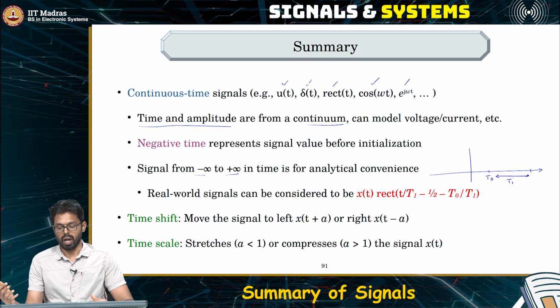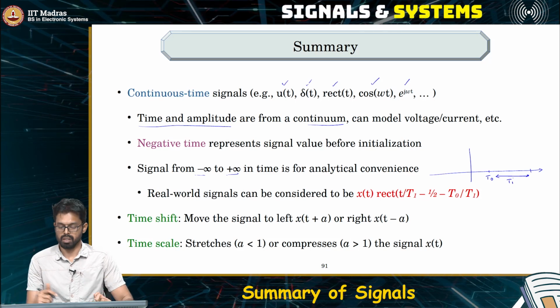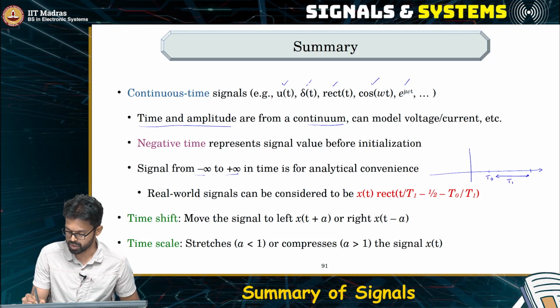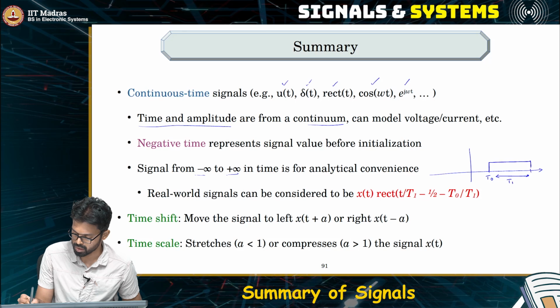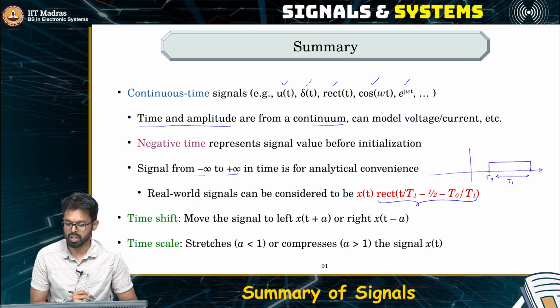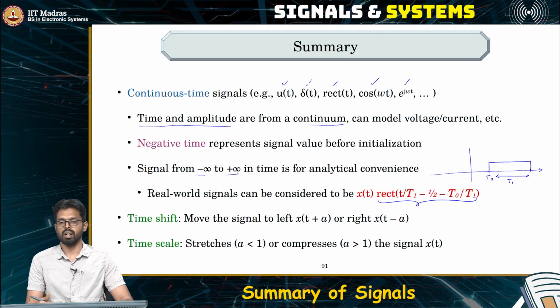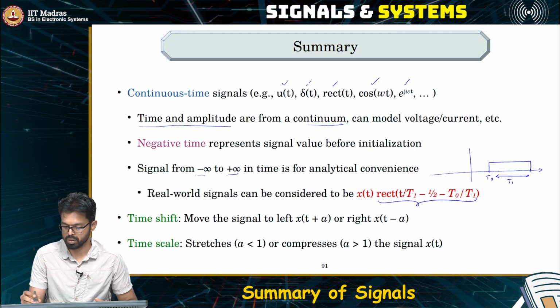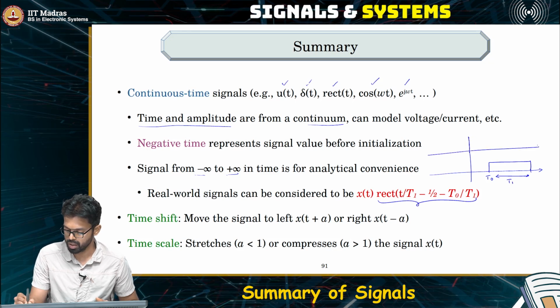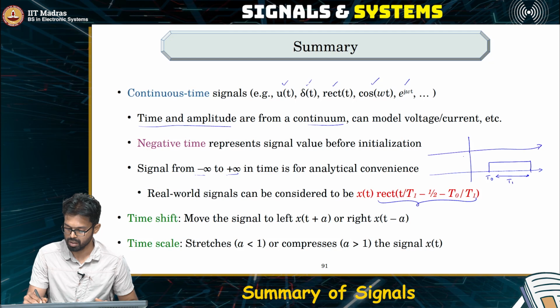So if we want to actually capture this real life signal, what do we do? We say that okay, we'll have a window of this duration, and that is modeled by this rectangular function. Basically we shifted this rectangular function and scaled it to model this window, and you can multiply your infinitely long mathematical signal with it.